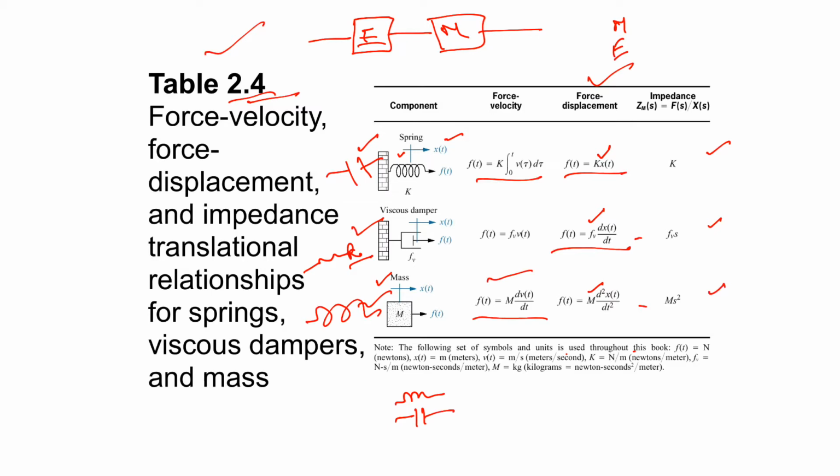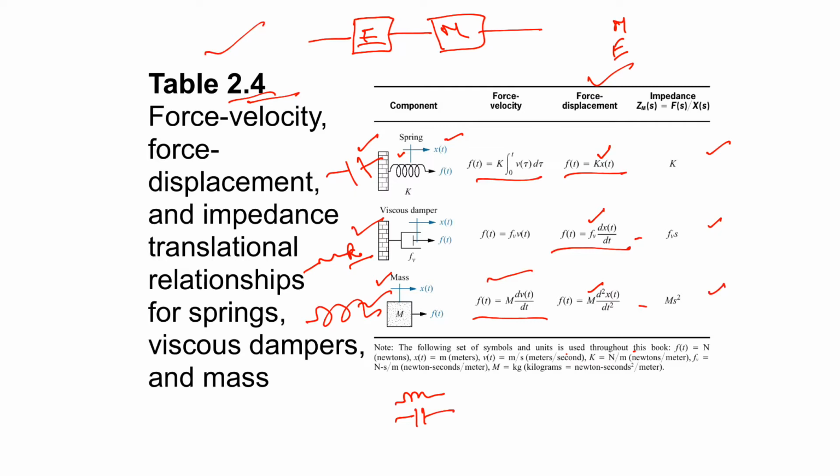However, if it is written in terms of displacement, we cannot see any analogy between these two equations. So this is how we can relate the mechanical system and the electrical system.